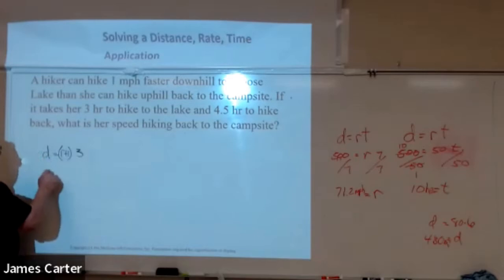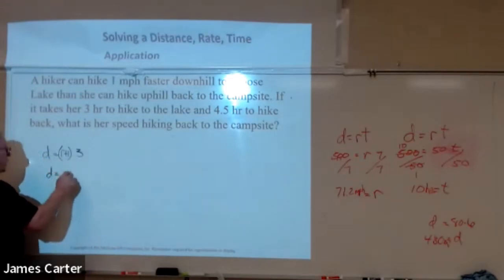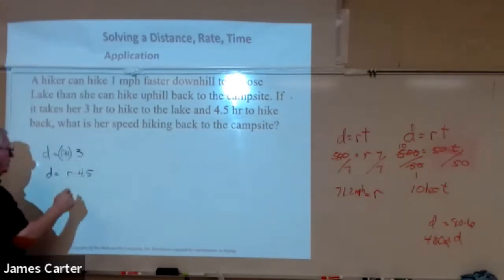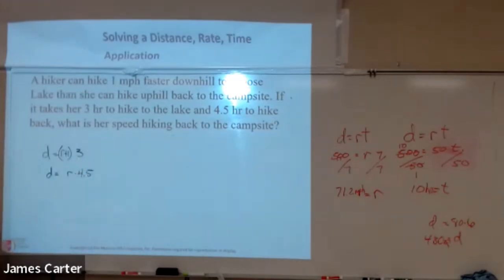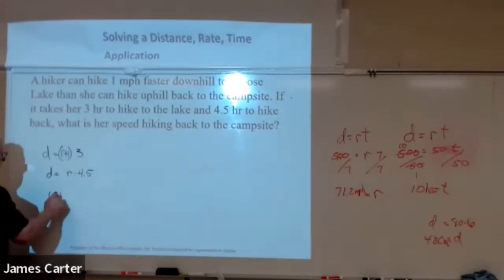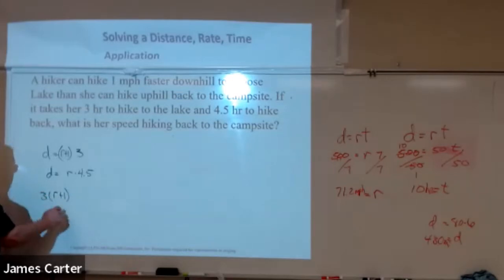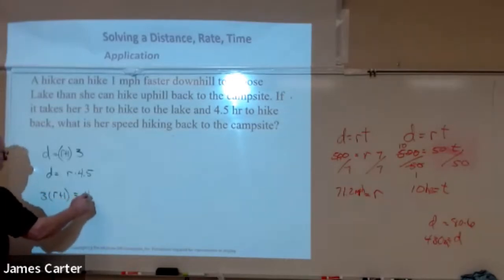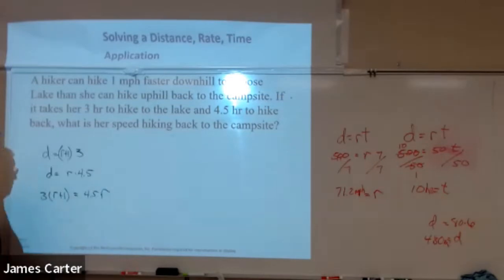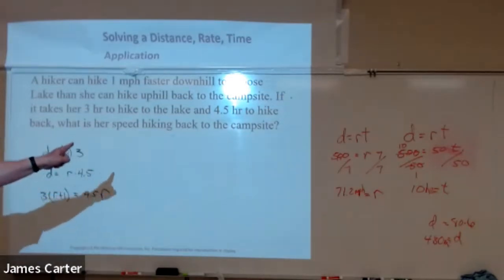We also have the formula D equals the rate times 4.5 hours. Okay. The distance is the same. So that means that this stuff is equal to that stuff, since the distance is the same. So R plus 1 times 3 equals 4.5 R. That's your formula to solve this problem.